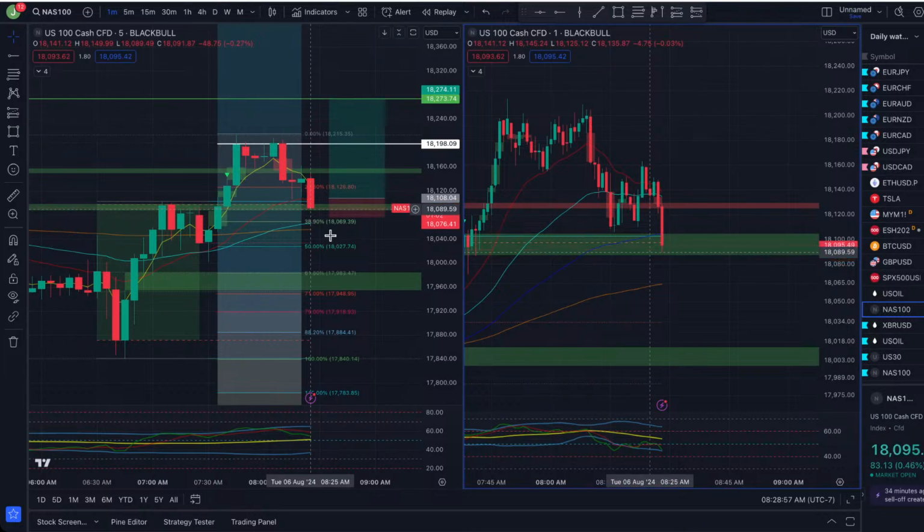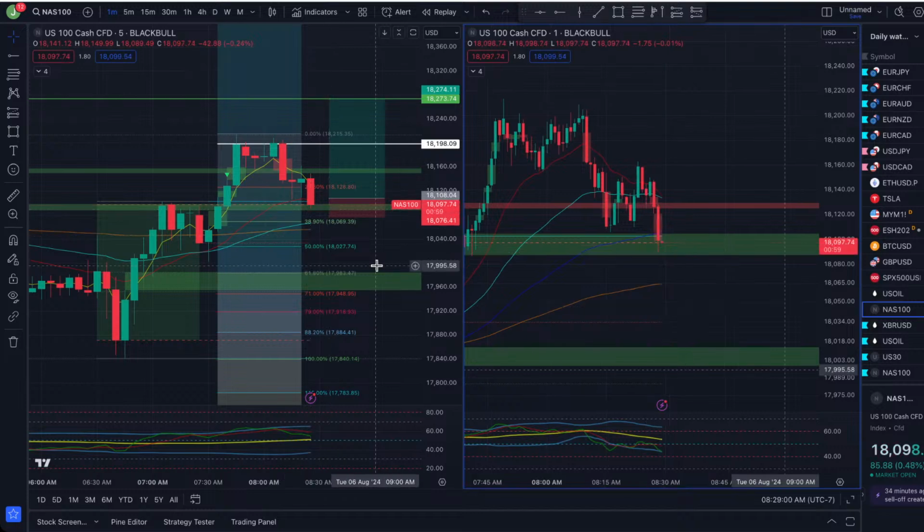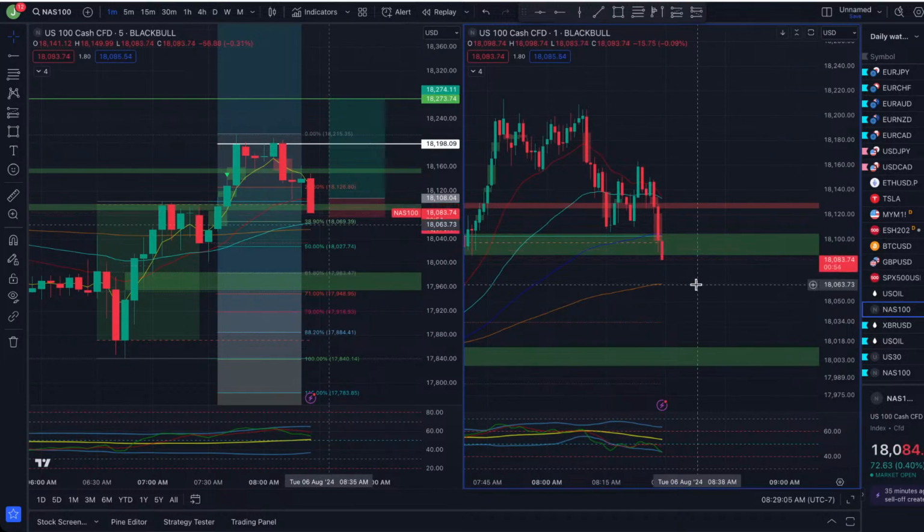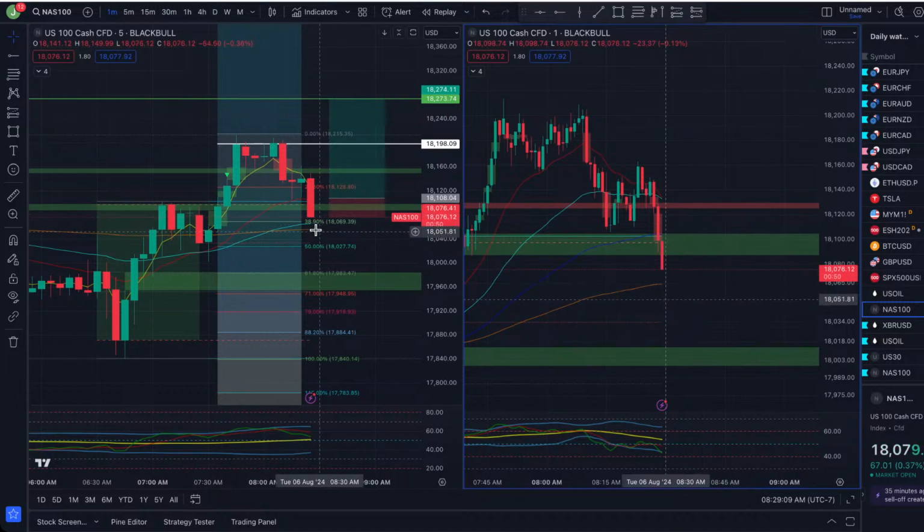I want to see a rejection of this candle now. Okay, it wants to do a deeper retracement to the 50.